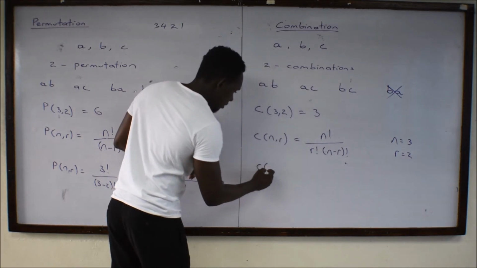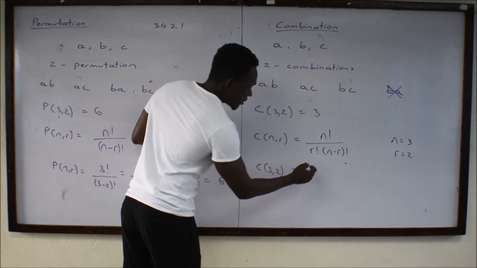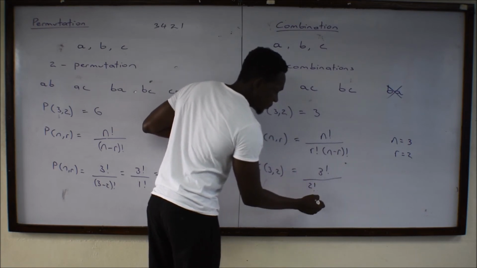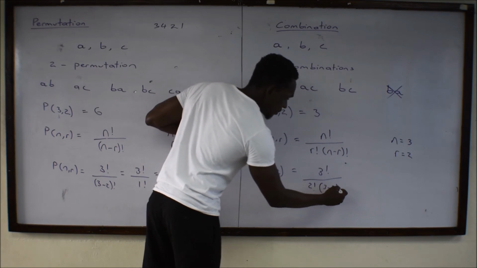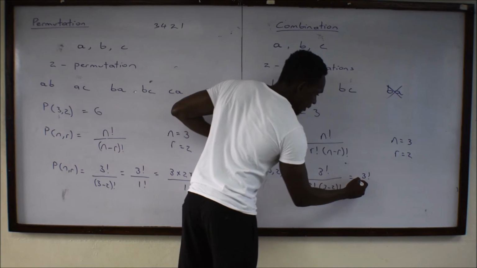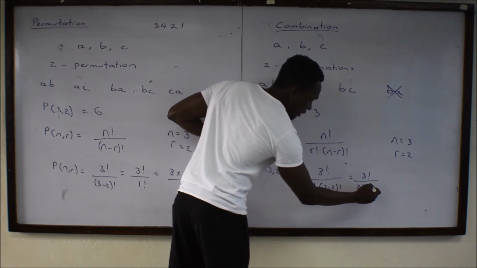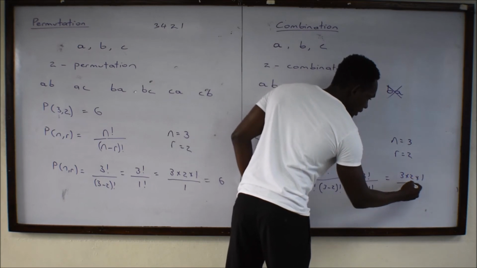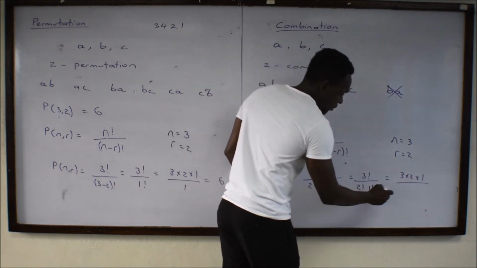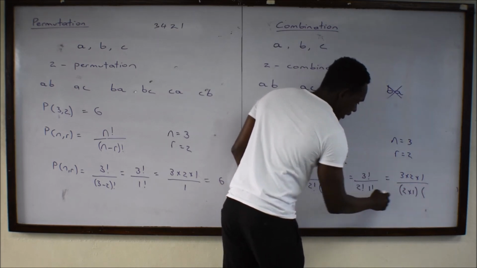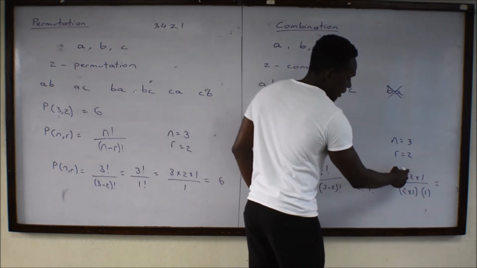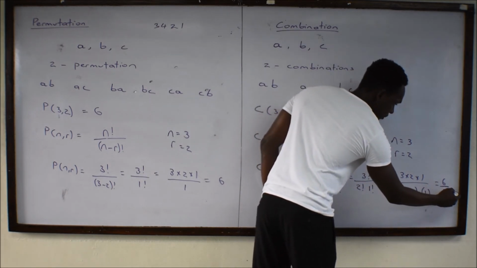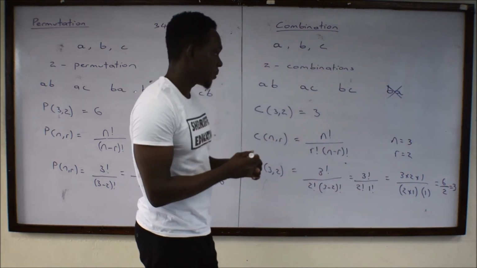So this is just 3 factorial divided by 2 factorial times 3 minus 2 factorial, which is 3 factorial divided by 2 factorial times 1 factorial. 3 factorial is 3 times 2 times 1, that is 6, divided by 2 times 1, times 1, which is 2. So 6 divided by 2 is 3. As expected, we got 3.